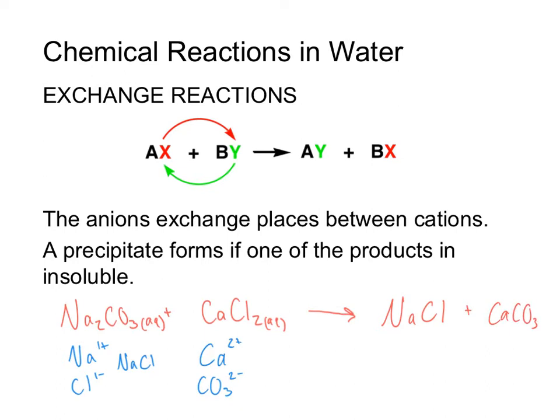Finally, we do have to balance our equation. 2 Nas over here, only 1 over here, and so we fix that by having 2 NaCls. That gives us 2 Cls in our product side. We had 2 in our reactant side. So this is now a balanced equation. Now, however, we want to look at our solubility chart, and we can see that NaCl is going to be soluble, and so that will remain aqueous.